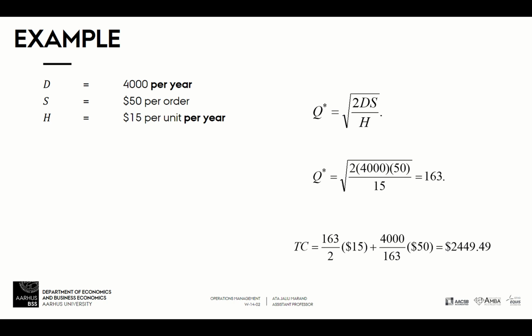So it is the square root of 2 times D, which is 4,000, times S, which is 50, divided by 15, which is H. That will give us 163. And then if we substitute this Q into the total cost function, we will get the total cost equal to 2,450 at optimality.